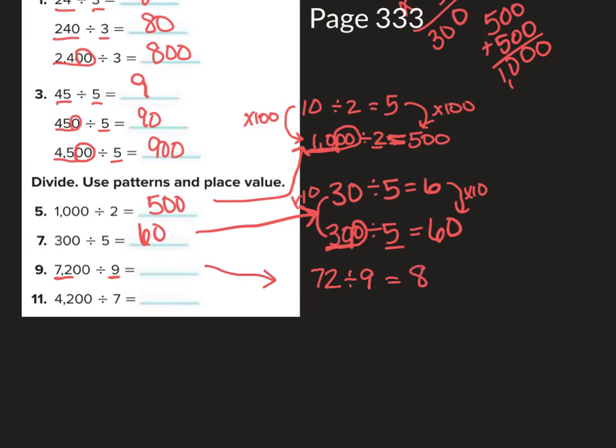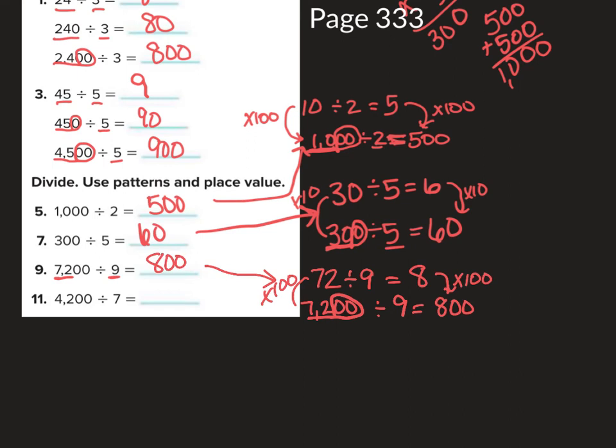Then I'm going to bump up to 7,200. So 72 with 2 zeros divided by 9. 2 zeros means I multiplied by 100. So my answer 8 also needs to be multiplied by 100. So that would get me to 800.